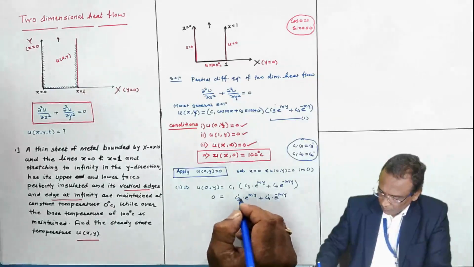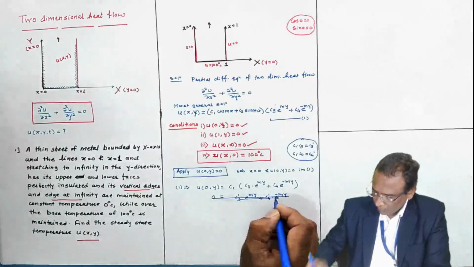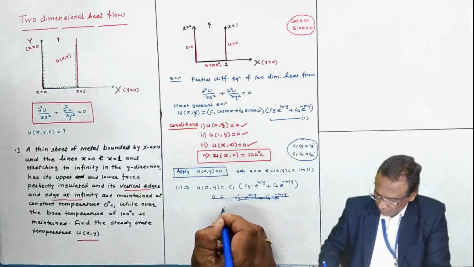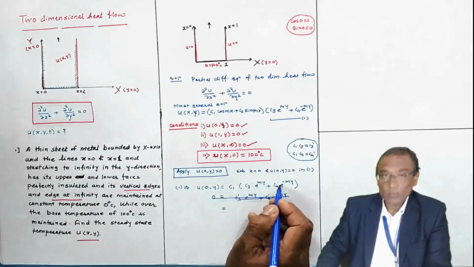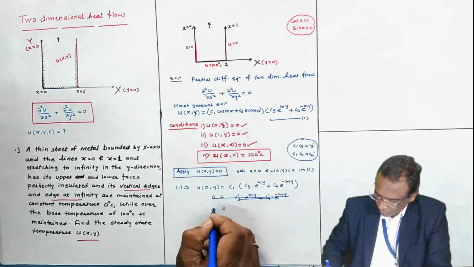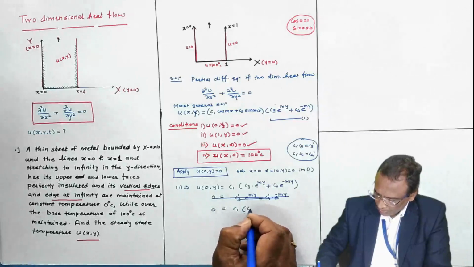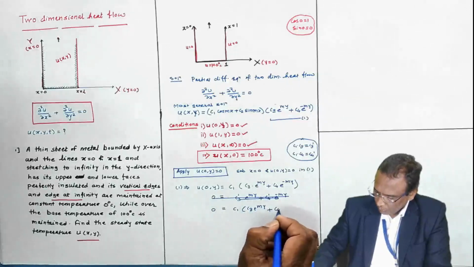Now C1 multiplied by C3 e to the power my plus C4 e to the power minus my.